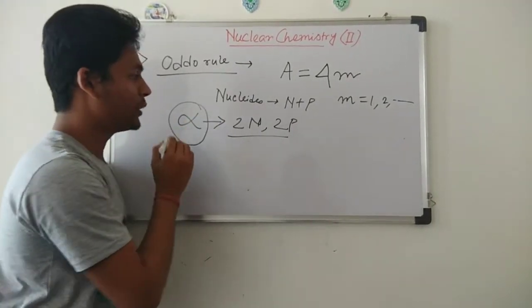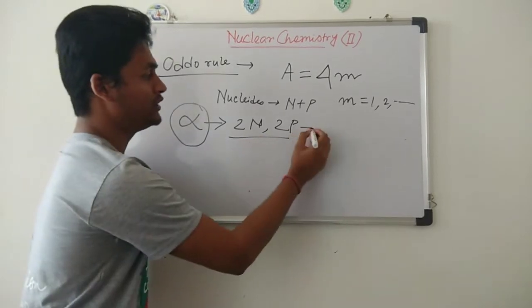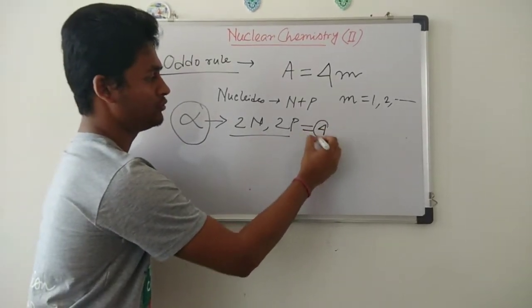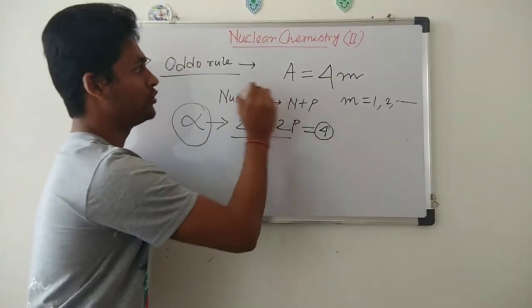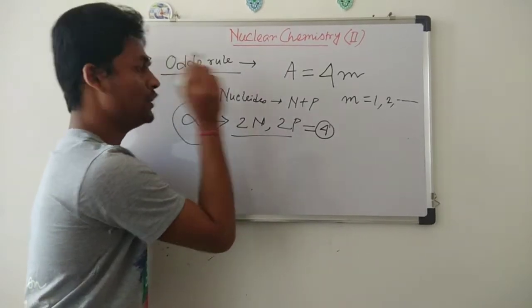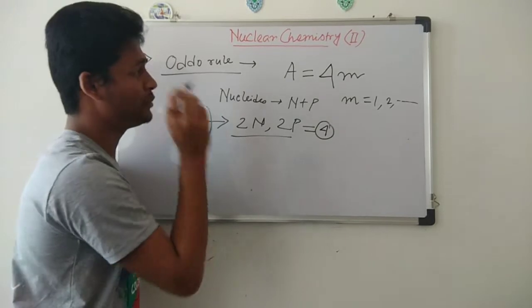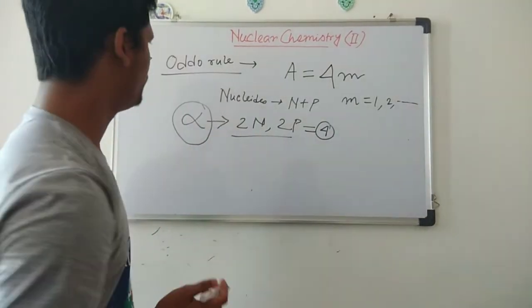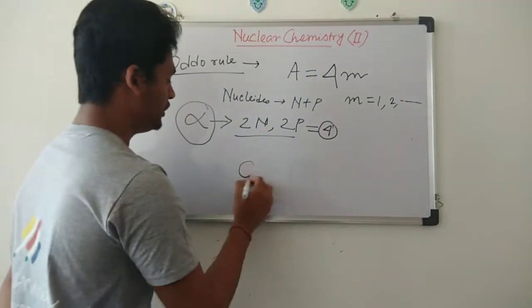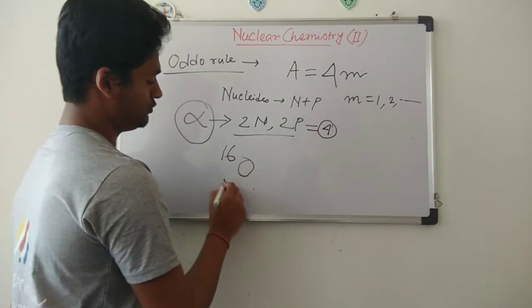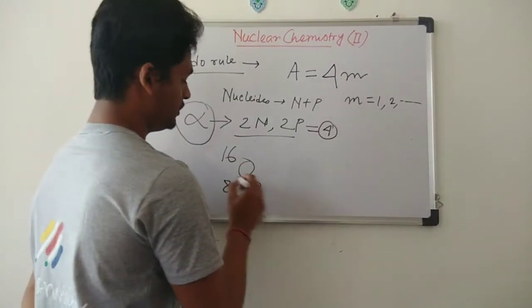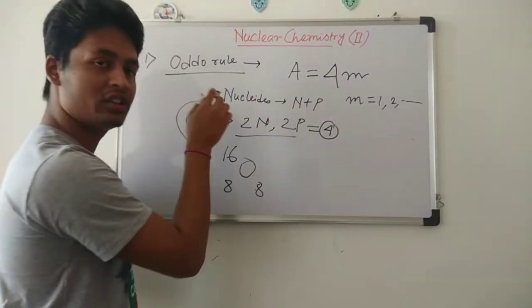You can easily see the mass number will be 4, because 2 neutrons and 2 protons. So nuclides which have a mass number that is a multiple of 4 are alpha particle nuclei, and they are very stable. Let me give you one example, which also comes under Oddo's rule.